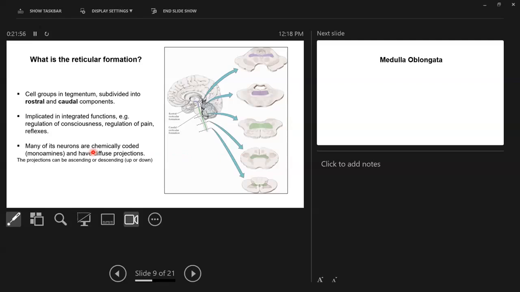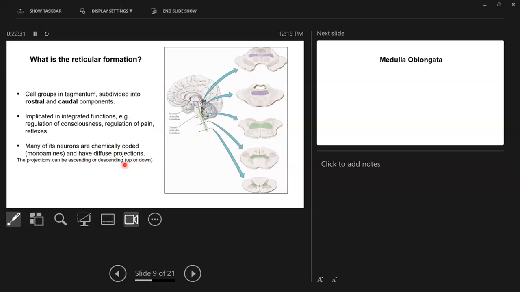especially looking at our chemically coded neurons, such as the monoamine containing cell groups, serotonin, norepinephrine, dopamine would come to mind. Some acetylcholine cell groups will come to mind that live in cell groups within the reticular formation, and they have either ascending or descending projections.